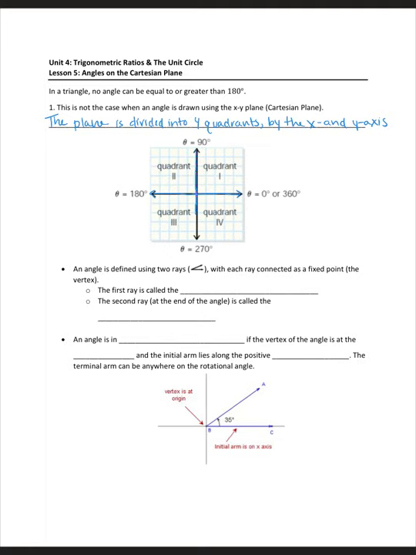And so if we were to split this into quadrants, we start with quadrant 1, where our x and y values are both positive, and then we move in a counterclockwise direction for our quadrants. So quadrant 2 is where our x's are negative but our y's are positive. Quadrant 3 would be x and y are both negative, and quadrant 4 would be x is positive and your y's are negative.